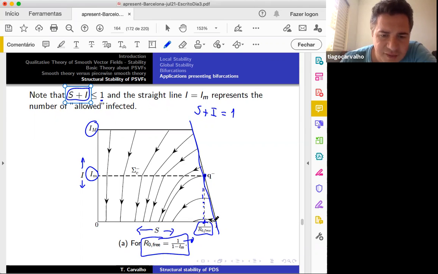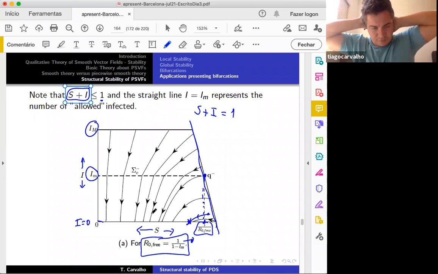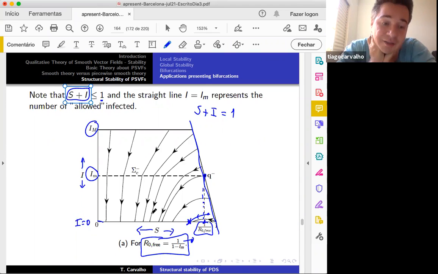This means that if you consider an initial condition here, the trajectory will converge to the situation where I is equal to 0, so there are no infected individuals.